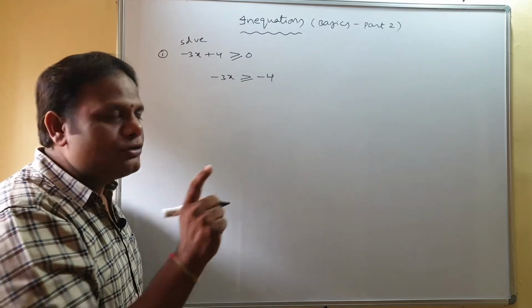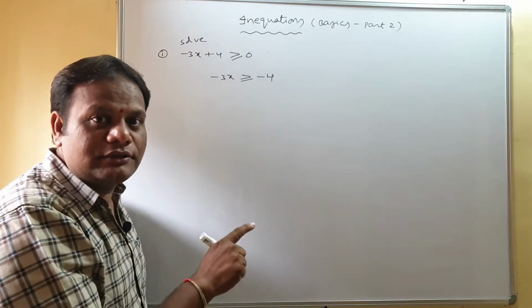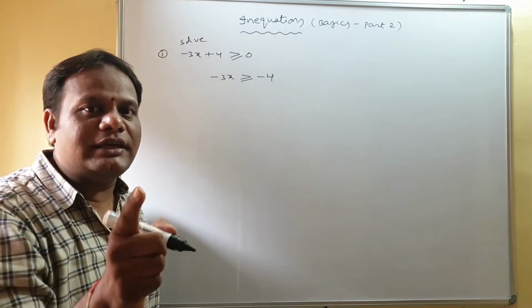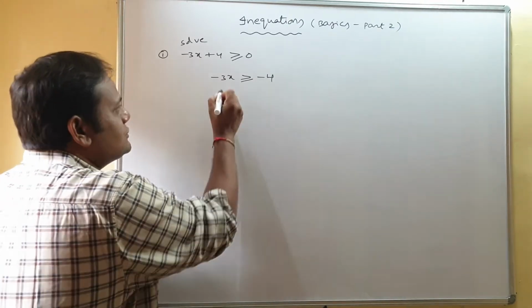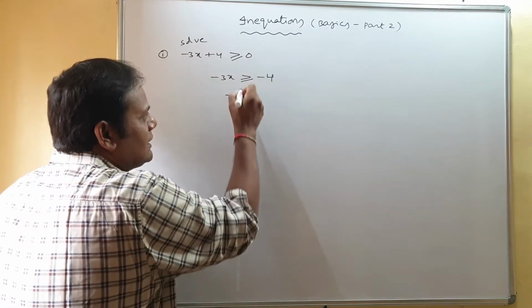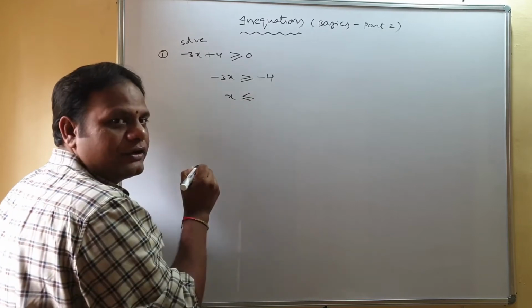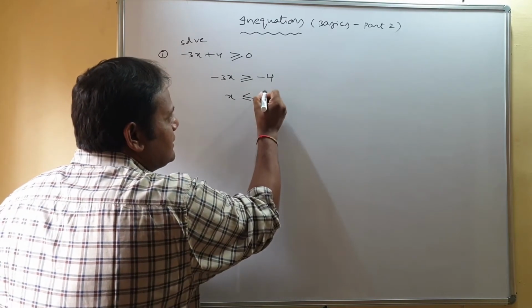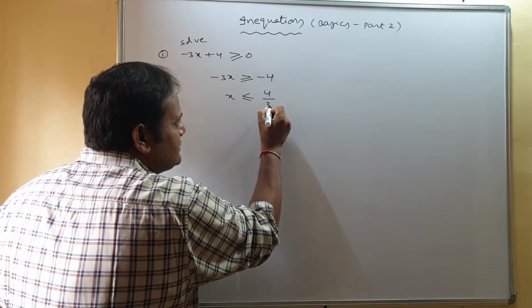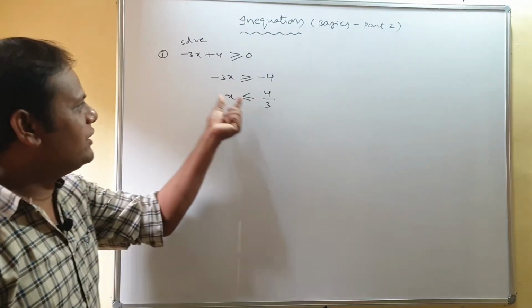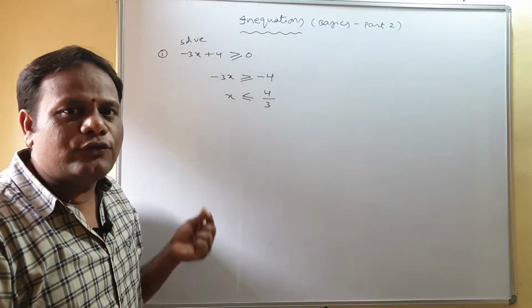Dividing with a negative value, the inequation sign changes. So you get x less than or equal to minus 4 by minus 3. Is minus 4 by minus 3 equal to 4 by 3? Yes, we got x less than or equal to 4 by 3.